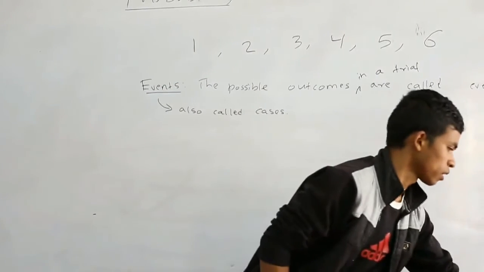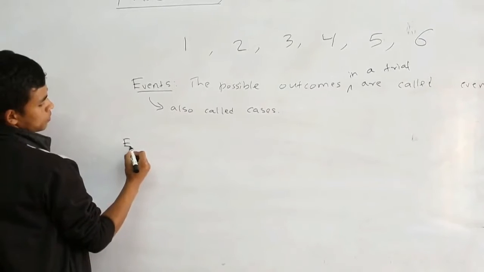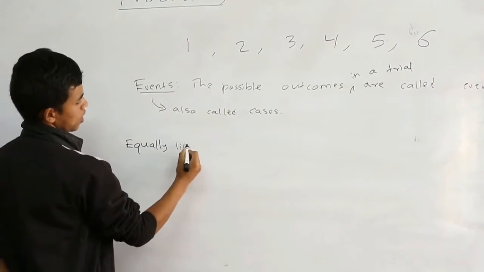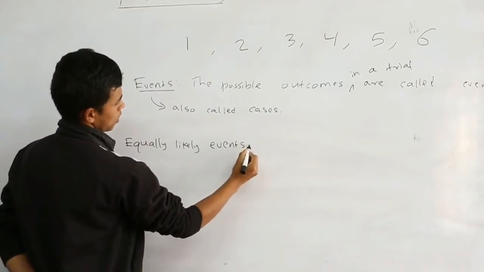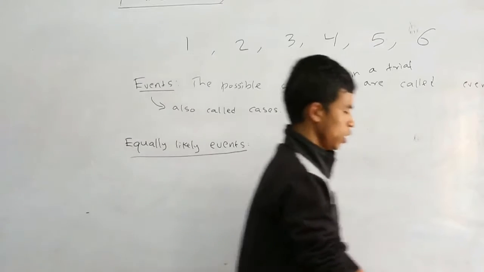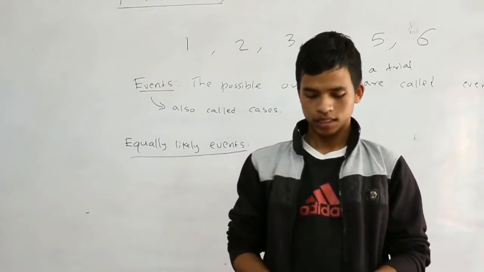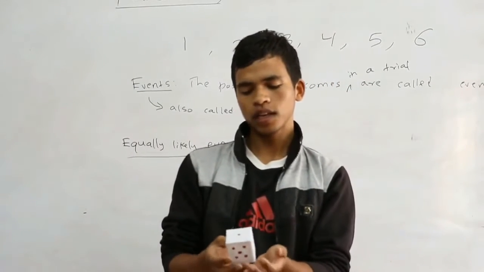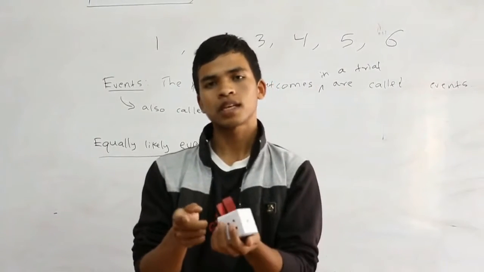And then we have one more definition. What do we mean when we say equally likely events? When you toss a die, the only outcomes that you can get are 1, 2, 3, 4, 5, or 6.